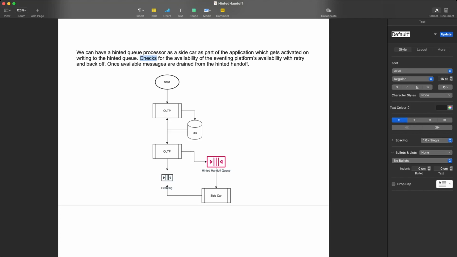So where do I get knowledge about hinted handoff? Is it something which Balasubramanian has come up with as an approach? No. Hinted handoff is an approach which is used in Cassandra and InfluxDB for write consistency. So just go and refer to hinted handoff and read the articles on Cassandra, InfluxDB and others.